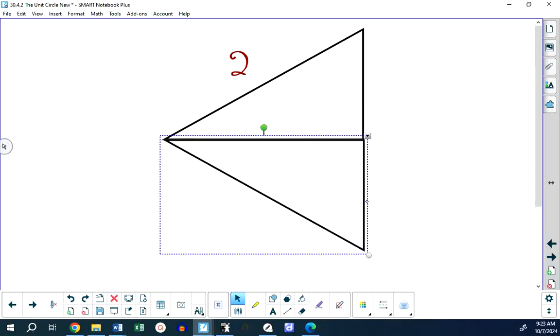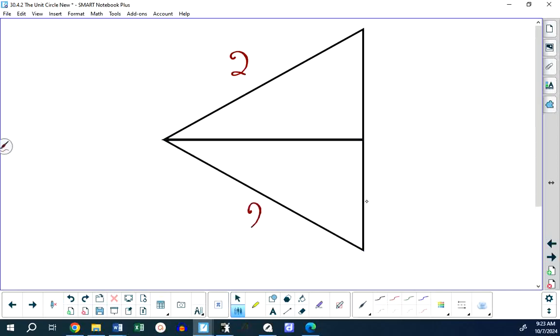Because if we flip this over on itself, what you get is the side of this big triangle of 2. Do you remember seeing this? Since this is a 60-degree angle, and this is a 60-degree angle, and this is 30, and this is 30, then this whole thing is equilateral.